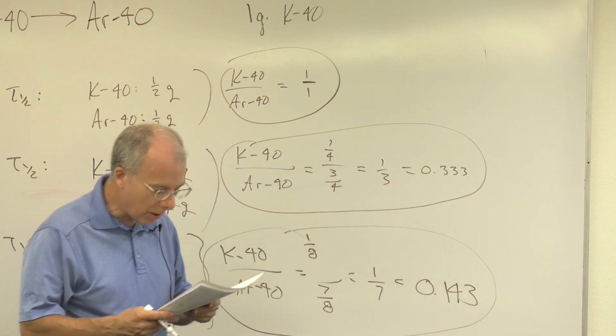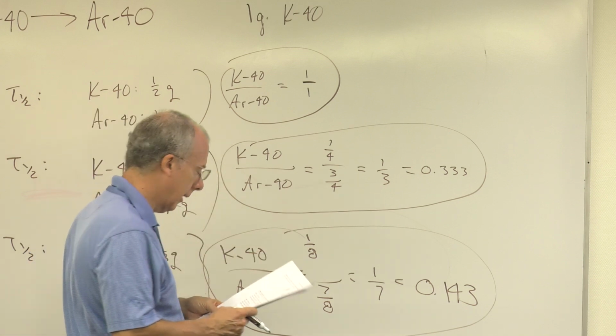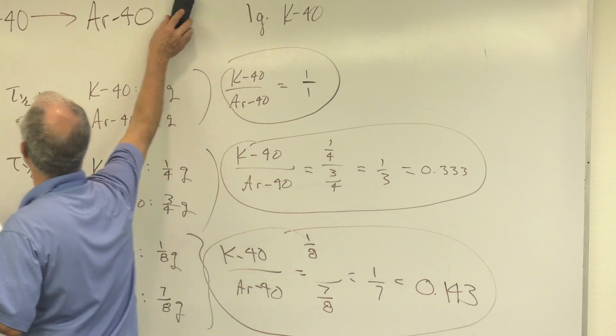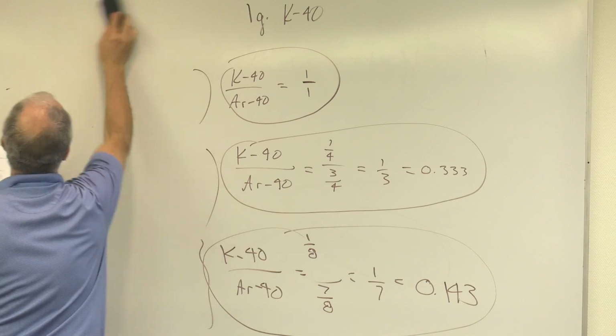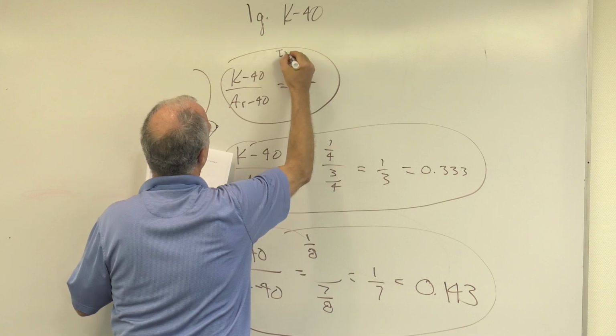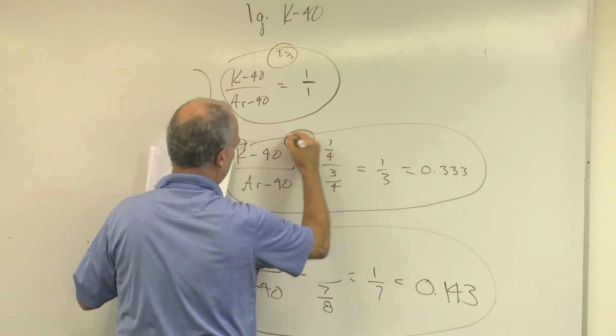Okay, so the ratio depends on the elapsed time. All right, now we've got to kind of keep that around. So this is 1 half-life. This is 2 half-lives. This is 3 half-lives.